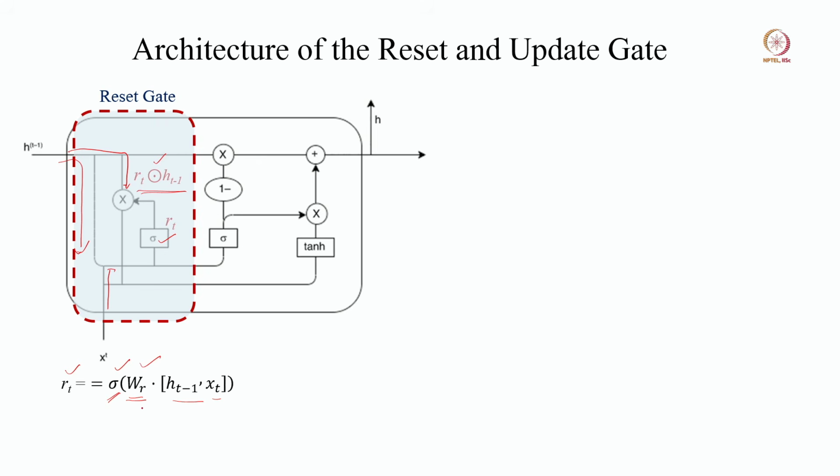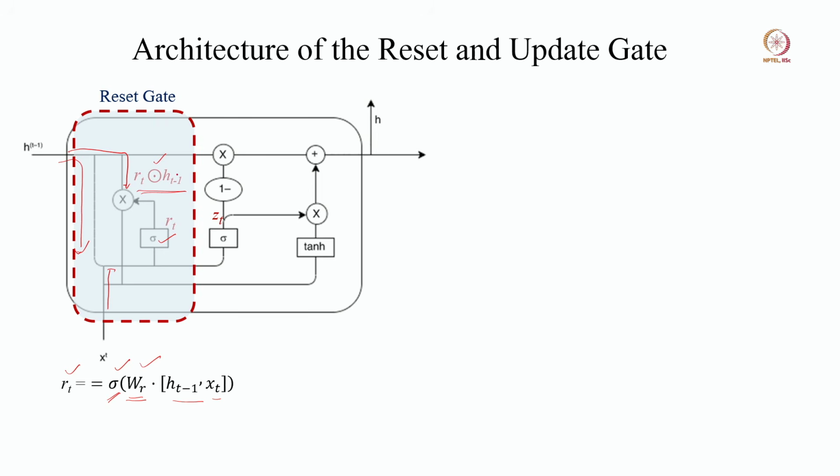So, when it is multiplied with HT minus 1, that means from the previous time step's hidden state, whatever irrelevant information was there is forgotten and the relevant information only is coming out in RT multiplied by HT minus 1. Okay. So, this is my reset gate.